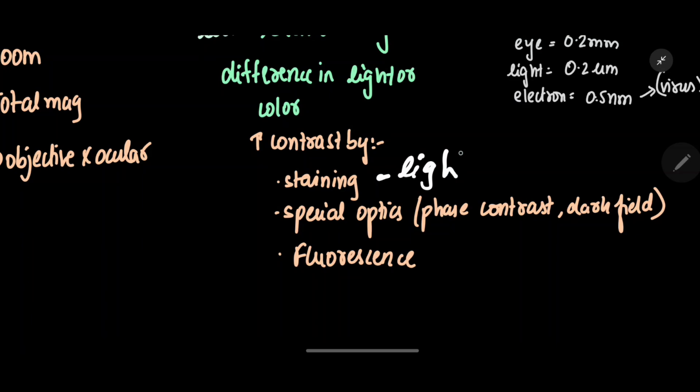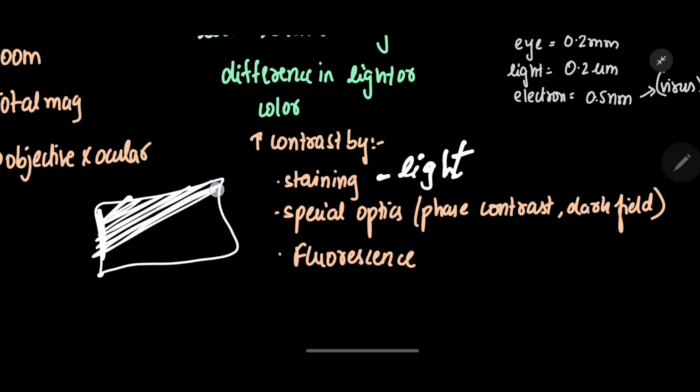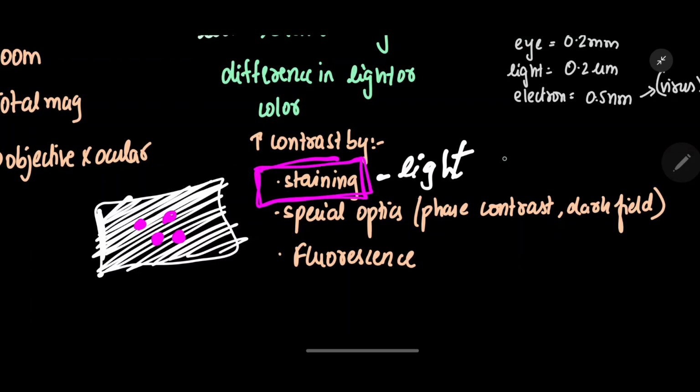So like I said, in a light field microscope, or a bright field microscope, the background is bright and you are able to see bacteria which are stained on it. So this is why we are using stains like Gram stain or your Albert stain or your ZN stain. We look at all of these stains when we are talking about general bacteriology. So a stain is used to increase the contrast.